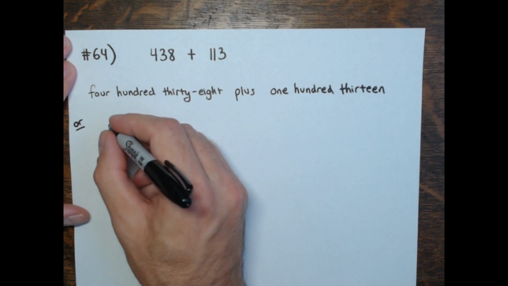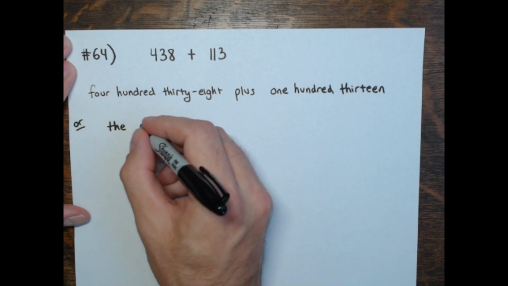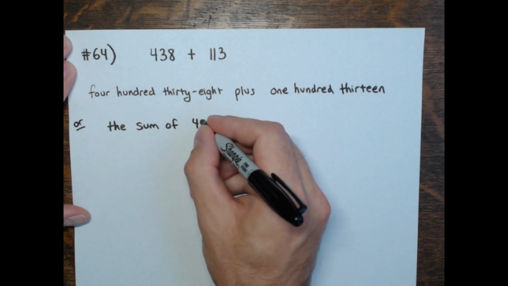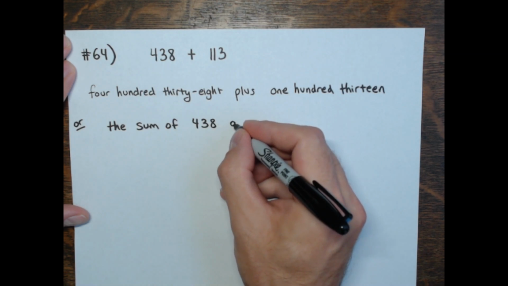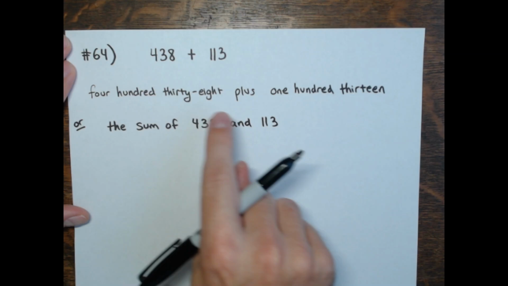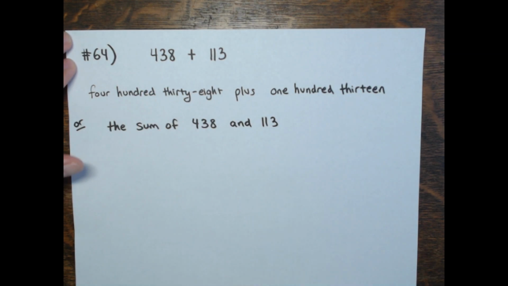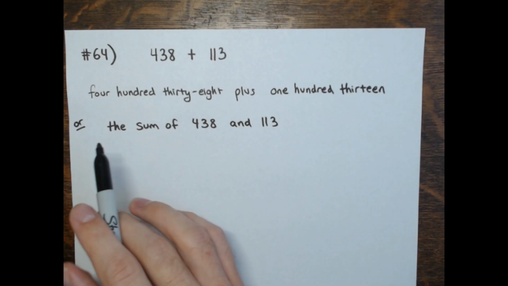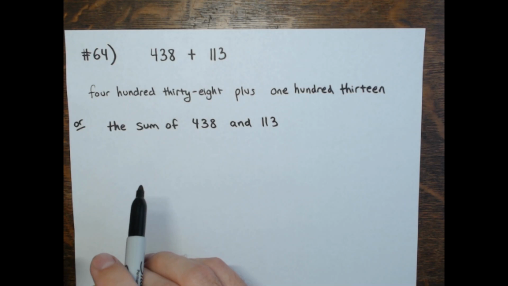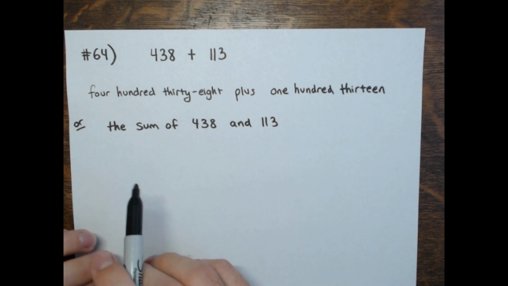Excellent. Or we could also express this as the sum of 438 and 113. And once again, because I wrote the numbers in words already, not going to do it again. And I'll say the other versions that we've been talking about that I wrote out for exercise 59 earlier.